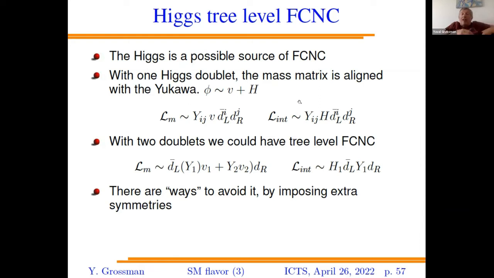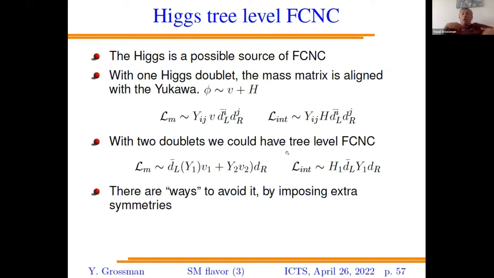In order to appreciate it, let's see what happens when we have two doublets. When we have two doublets, we can have something like this. Oops, I have a typo here, sorry. We can have something like y1 v1 plus y2 v2, because these are the mass matrices that come from the vev of Higgs phi 1 and the vev of phi 2. However, what will be the interaction of phi 1? The interaction of phi 1 will be only proportional to y1, and the interaction of phi 2 will be only proportional to y2.